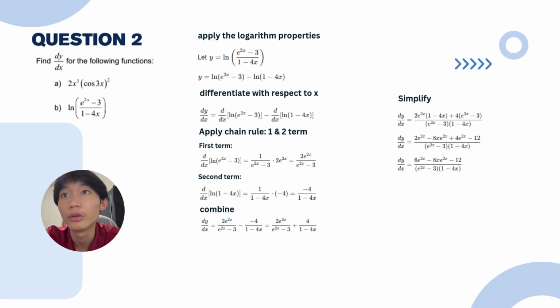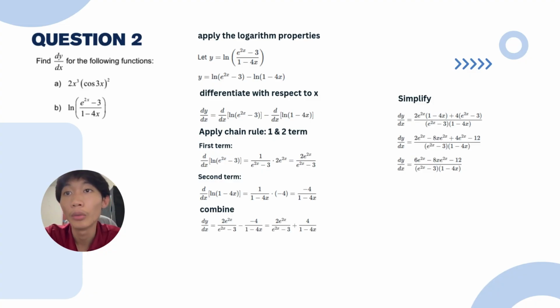Next we apply the chain rule. For the first term, we let u equal e to the 2x minus 3, then du over dx equals 2e to the 2x. So we get 2e to the 2x over e to the 2x minus 3. For the second term, we let v equal 1 minus 4x, then dv over dx equals negative 4. So we get negative 4 over 1 minus 4x.